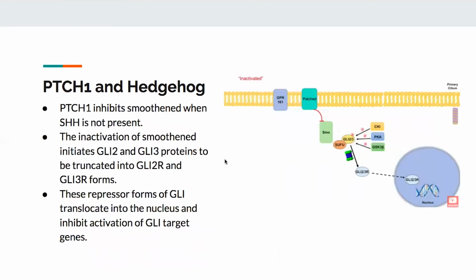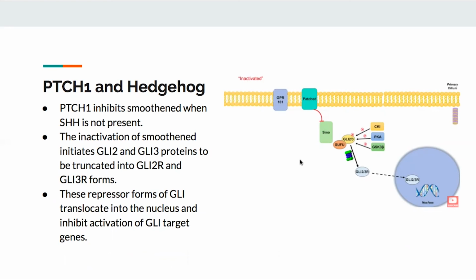Now, to fully understand how and why vismodegib was developed, it's important to understand how the hedgehog pathway works. So PTCH1 inhibits smoothened when ligands like sonic hedgehog are not present, and the inactivation of smoothened causes GLI2 and GLI3 proteins to be truncated into GLI2R and GLI3R forms.